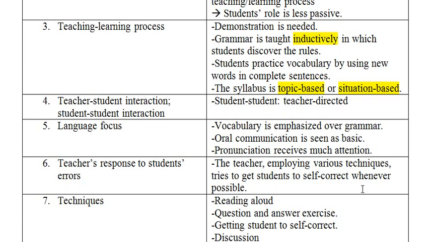The third way of getting students to self-correct: a teacher repeats what the student says, stopping just before the error. Example again, the old example, I go to school yesterday. I will repeat the sentence again, but just before the verb go, I stop a little bit and then read through.